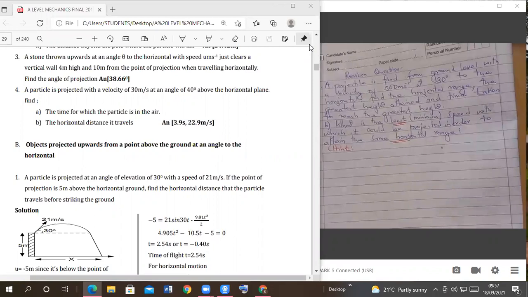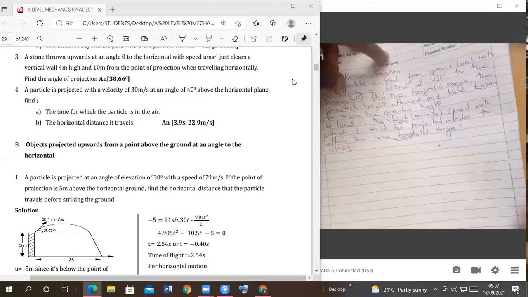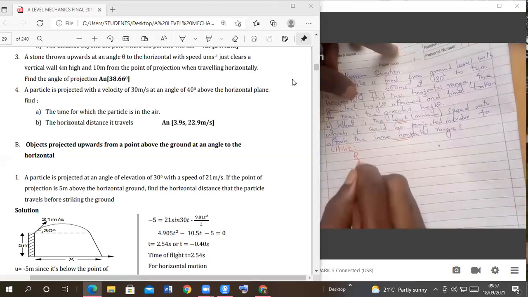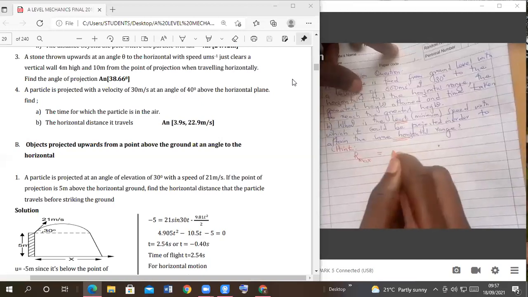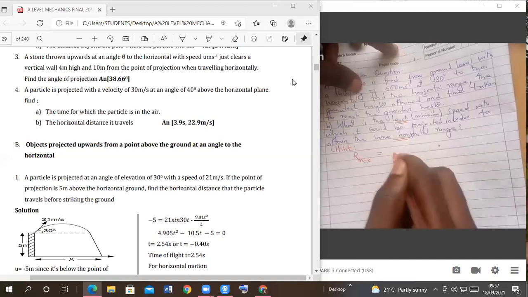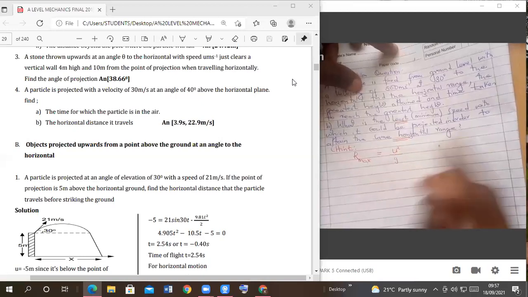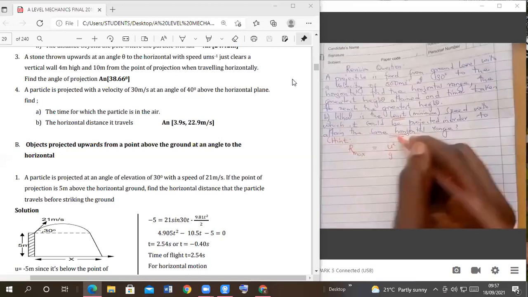Which means the angle of projection must be 45 degrees. So maximum range R max equals U squared over G. This is the speed they are asking for.